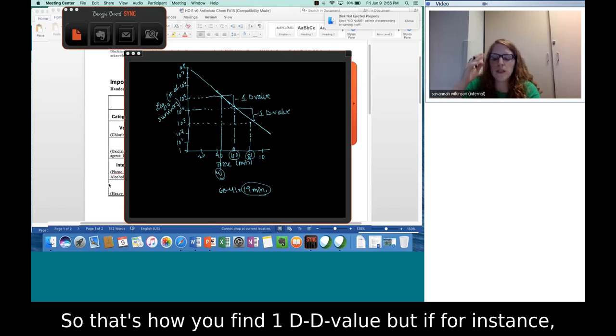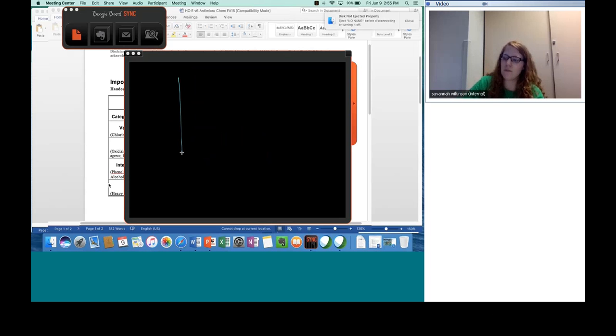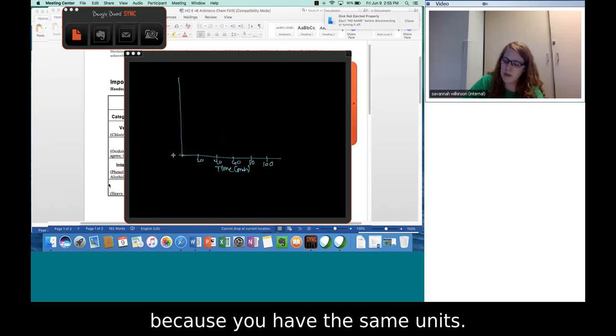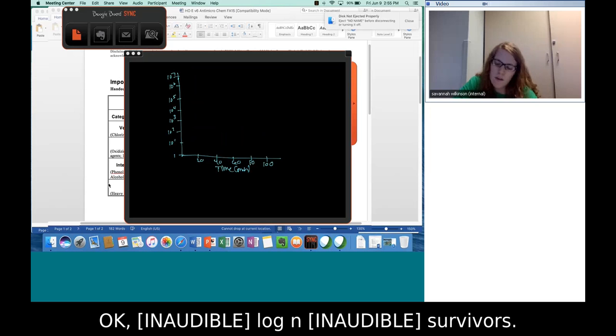But if, for instance, your graph wasn't straight, like this, so if you have the same unit, log 10 survivors.